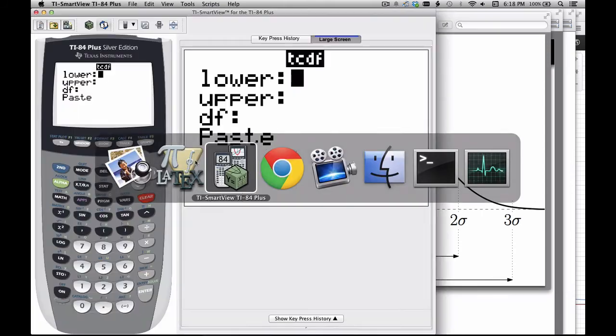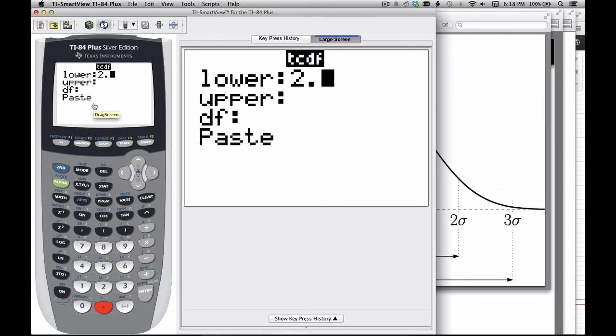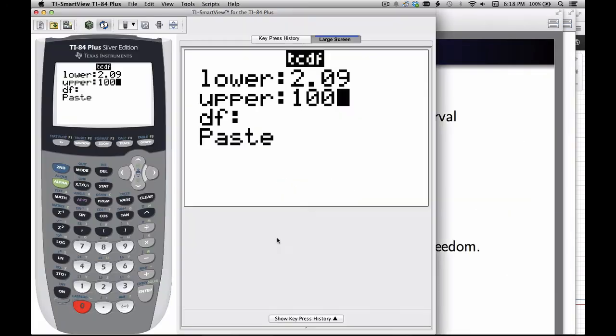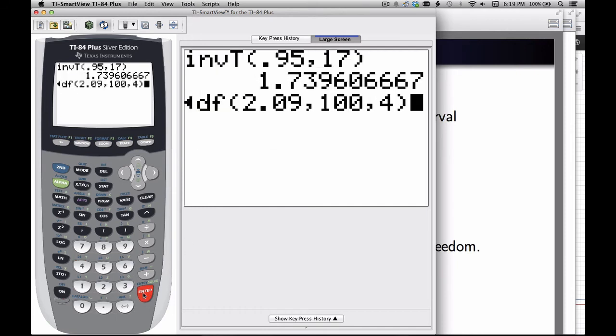So that means that my lower bound is 2.09, and my upper bound is infinity. But once again, the calculator does not have an infinity button. Let's just say 100 standard errors above the mean, and that should be good enough. The degrees of freedom here, we only have 4 degrees of freedom. And so we put that in there.